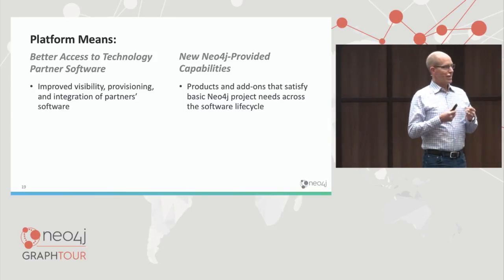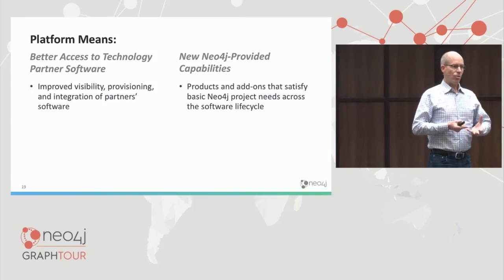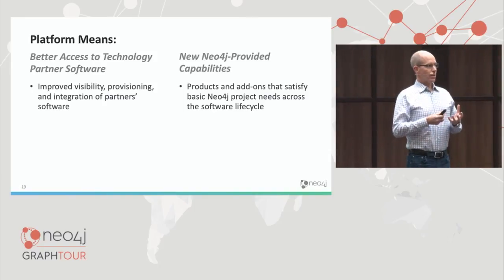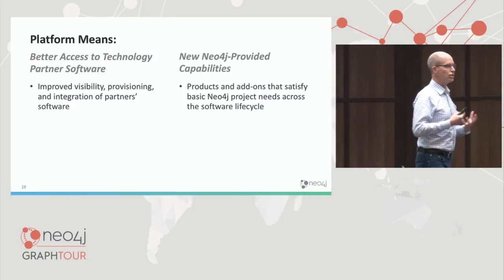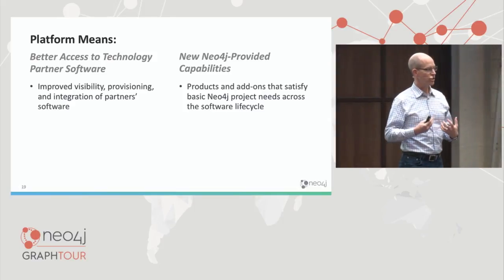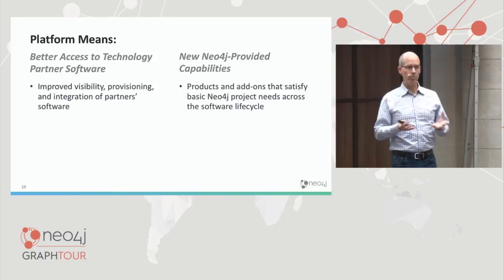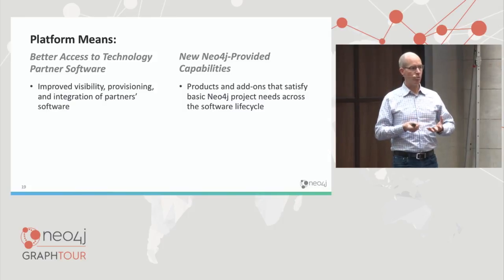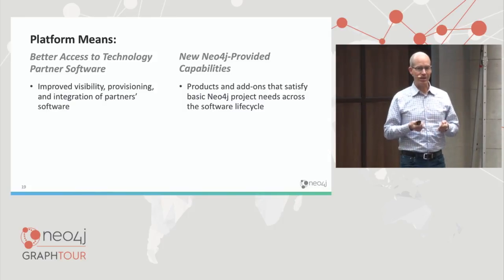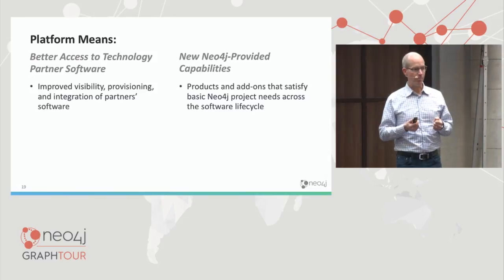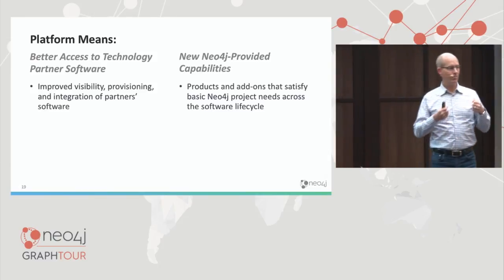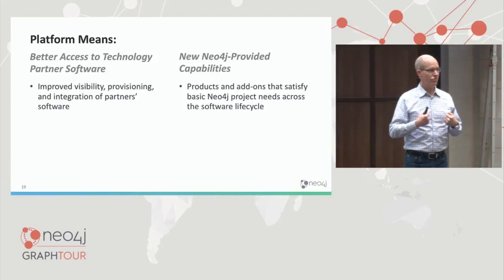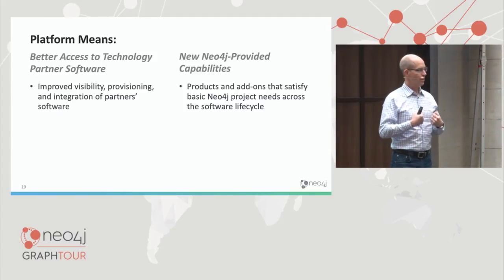Because the idea of a platform around Neo4j gives us a framework to talk about how technology partners plug into Neo4j. What is a well-formed structure for how we talk to partners about the technology ecosystem around Neo4j, and ultimately how do customers get better technology from partners that can integrate with Neo4j?